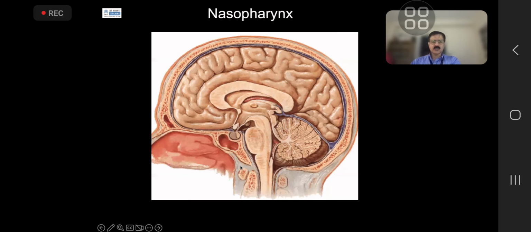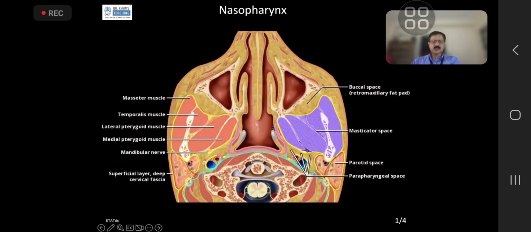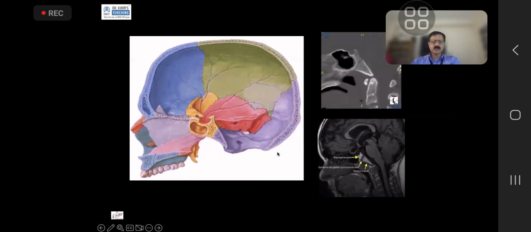So this is the nasopharynx, this is the clivus, and this is, of course, the sphenoid sinus. Posterior to that, of course, is the brain stem. This is the soft tissue anatomy rather. I'm not going into the details of the anatomy, but I just want to revise the overview.